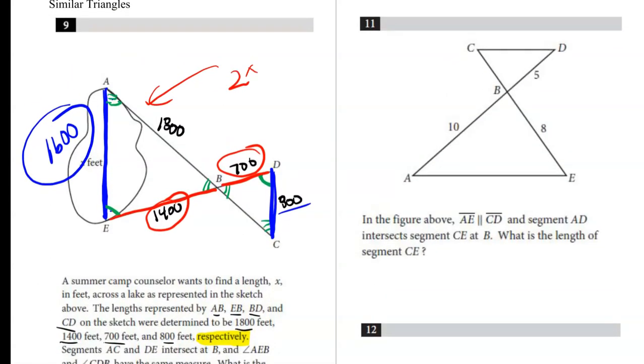All right, right next to number 9, we'll look at number 11. Same type of idea, I believe, on this one. We have parallel lines. So if these two lines here are parallel, another fact from parallel lines is you have alternate interior angles, meaning that this angle equals that angle, and this angle equals this angle.